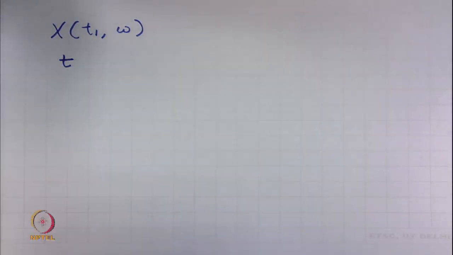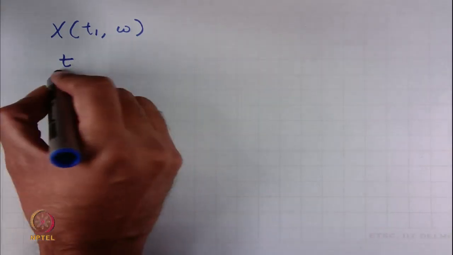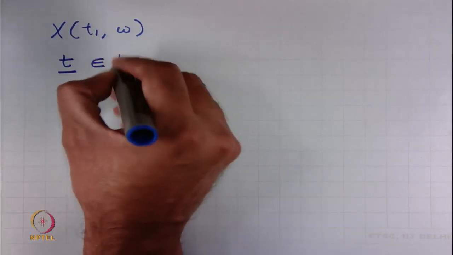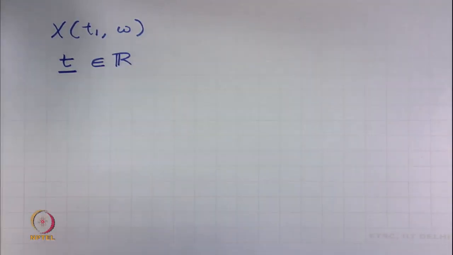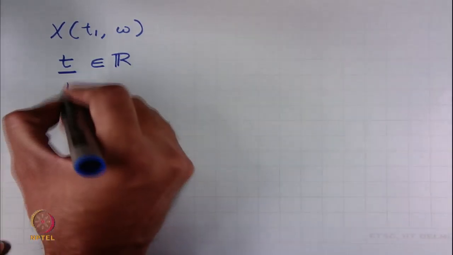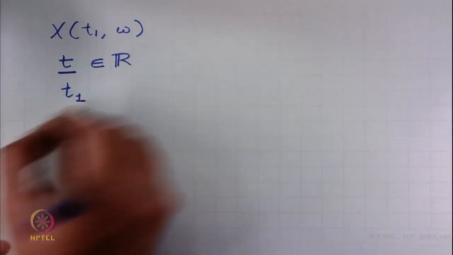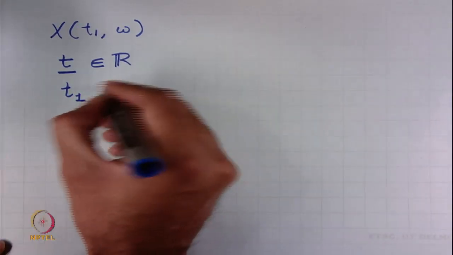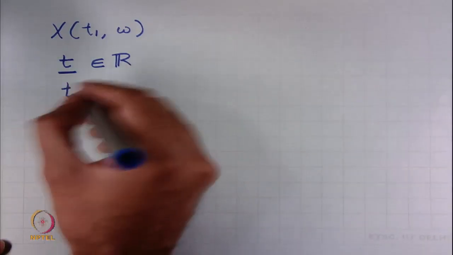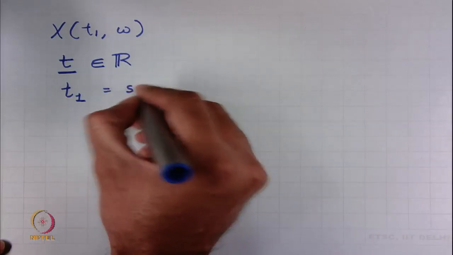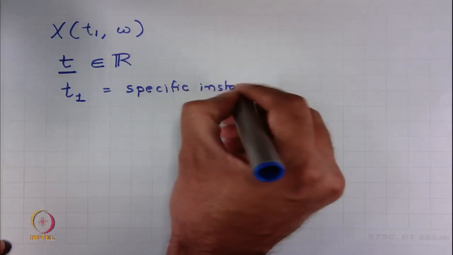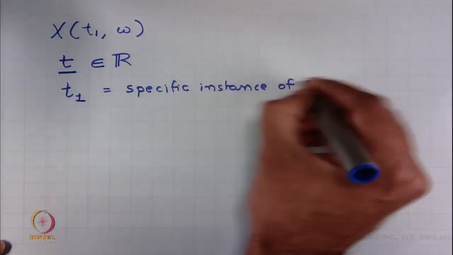suppose I choose t. Now, t is an independent variable. So, t can take any value in the set of real numbers. So, t belongs to the set of real numbers. So, t is a variable, but when I write t1, with 1 in the subscript, in this context we would assume t1 to be a specific instance of t, right.